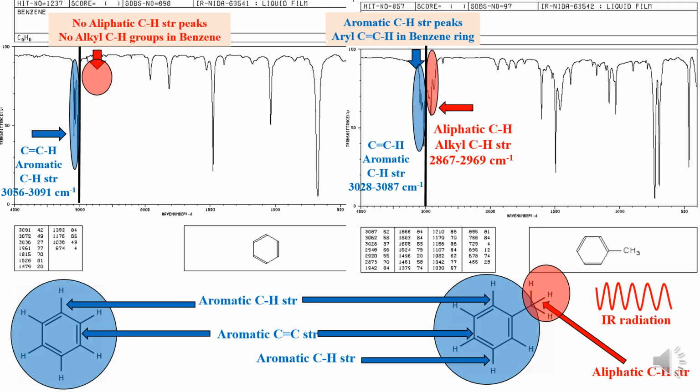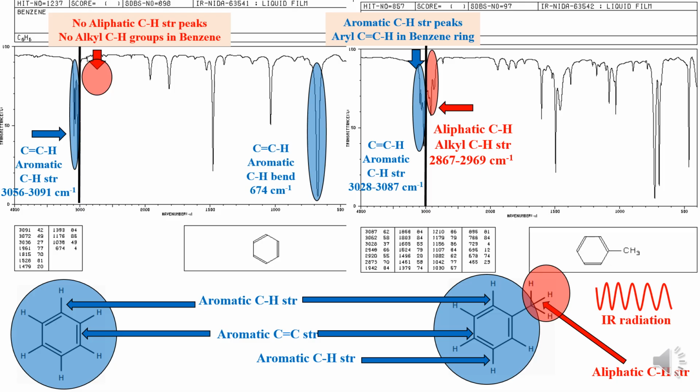In aliphatic CH stretch, as I've already mentioned, you see the absorption peaks at wave number lesser than 3000 centimeter inverse. And now you know why I have drawn the reference line at around 3000 centimeter inverse. This reference line is the line which differentiates the aromatic CH stretch from the aliphatic CH stretch.